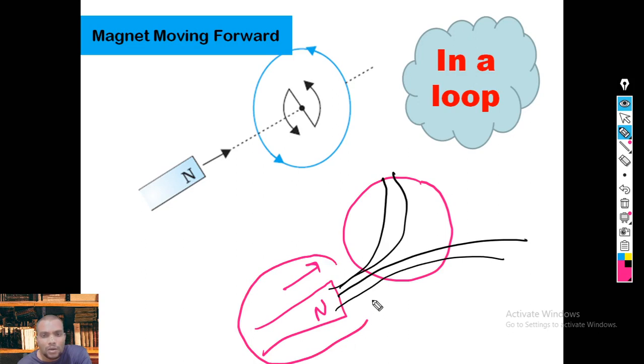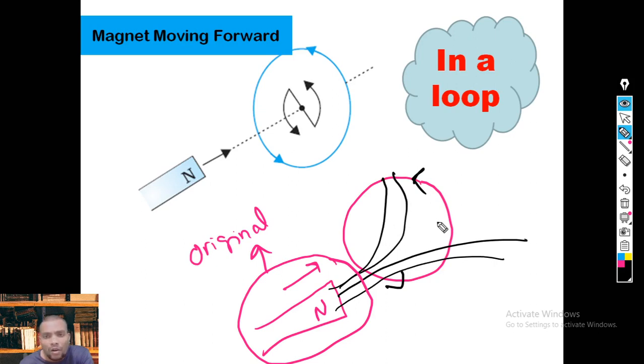So here is the original magnetic field. To oppose it, the current will develop in the anti-clockwise direction in the loop.